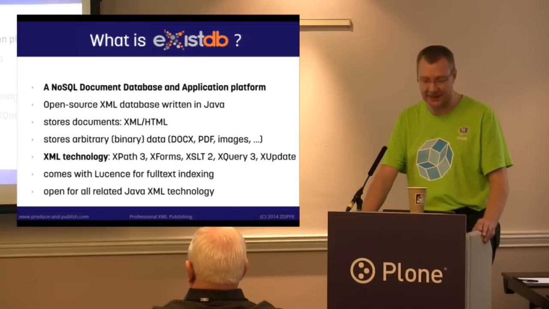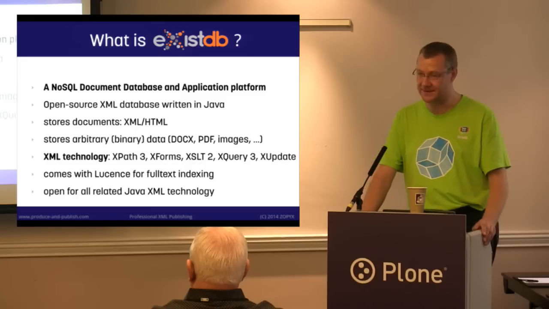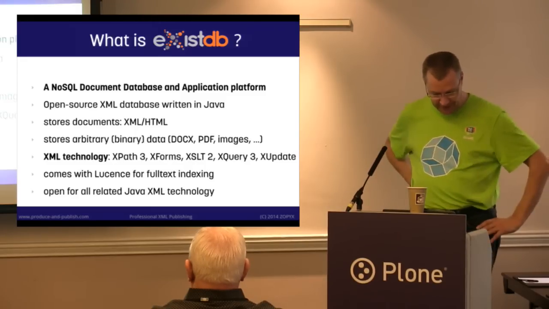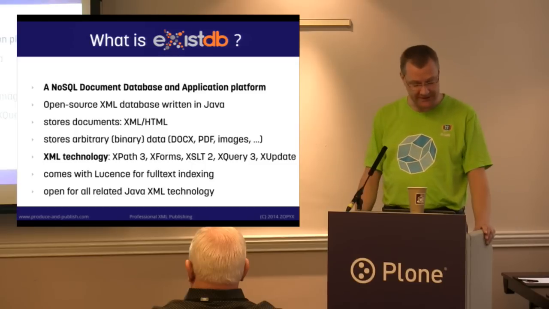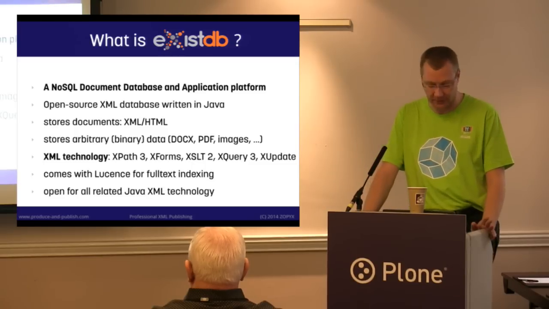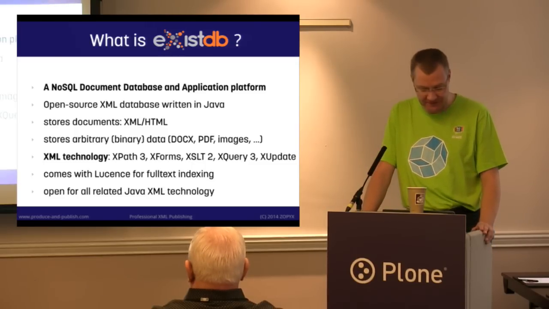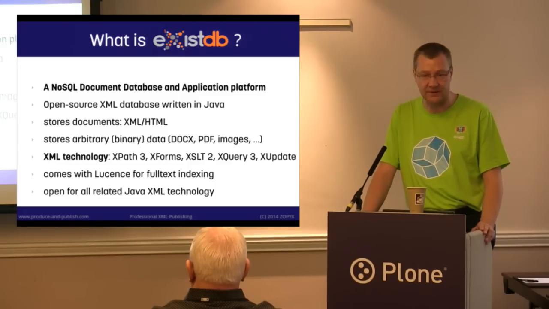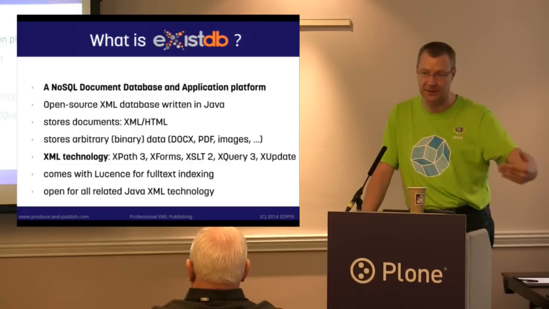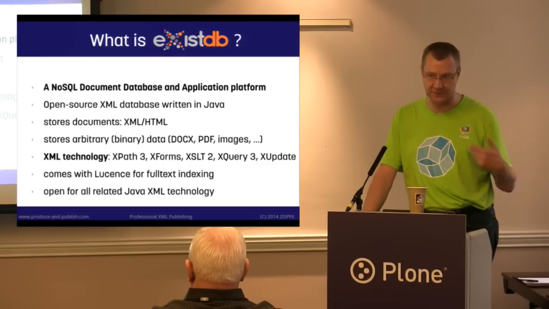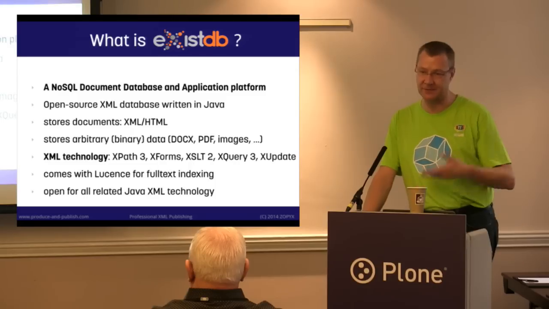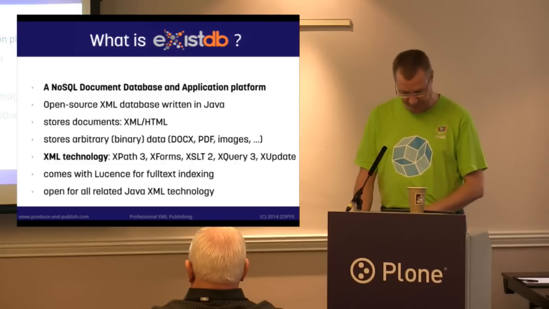You can store XML and HTML documents inside, so basically stuff that's markup with the angle brackets, but you can also store arbitrary binary data like PDF documents, images, and so on, which is pretty neat because you always have a document containing text, so you can convert to XML, but the document can also contain images, and storing the same data, XML and all assets, in one database is pretty fine.